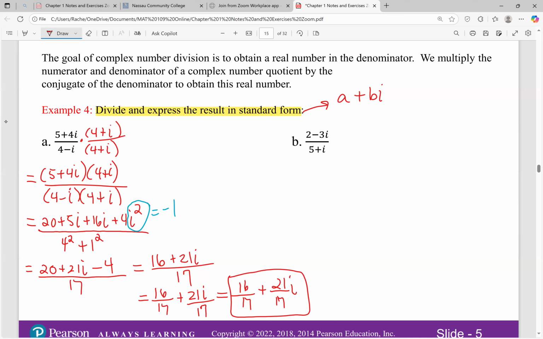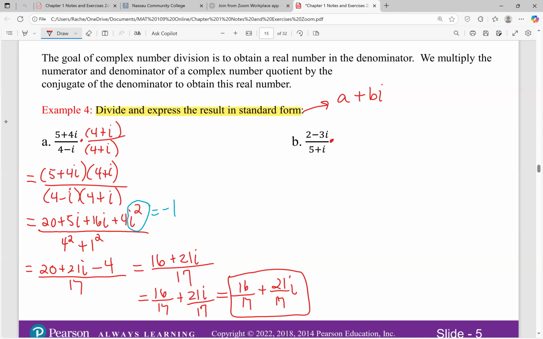And let's do one more. So let's take 2 minus 3i divided by 5 plus i, and let's express the result in standard form. So in order to get rid of a complex number in the denominator, we multiply by the conjugate. So I'm going to multiply the numerator and denominator by the conjugate of 5 plus i.